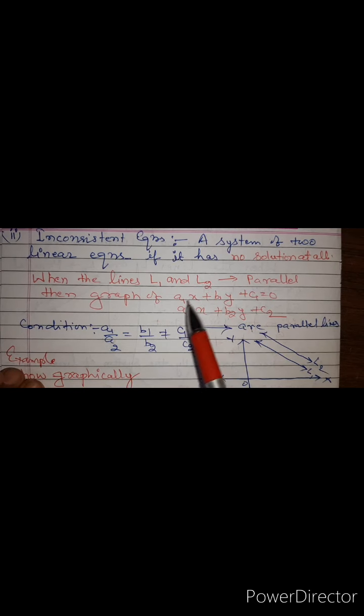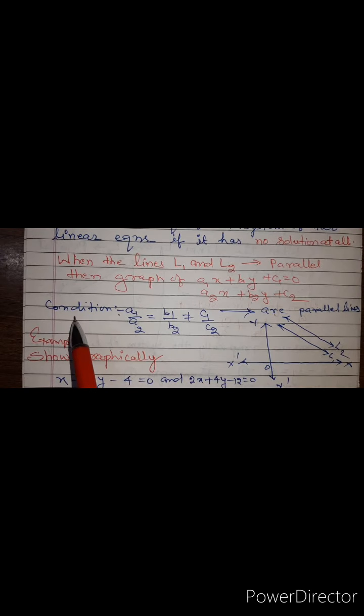Here is the general form and the condition. In such inconsistent equations, the condition will be A1 by A2 is equal to B1 by B2 not equal to C1 by C2.